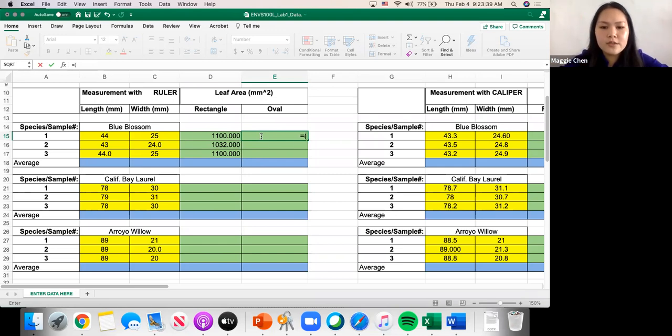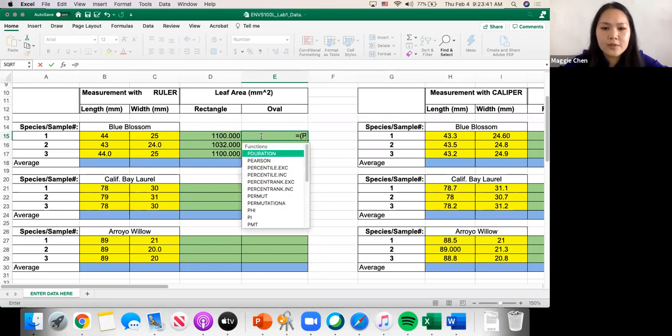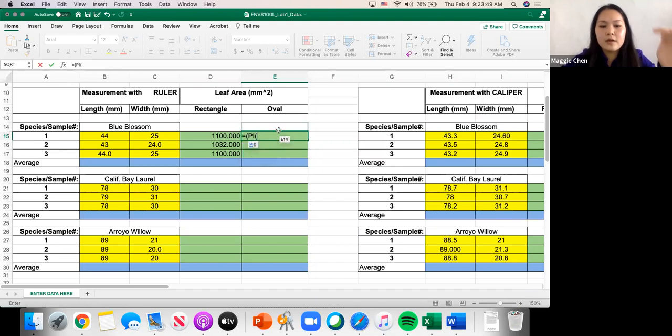So we start with our parentheses and capital PI. Our function would pop up in this drop-down menu, and we can select that. It would start our parentheses, but we're just going to end that parentheses, and then divide, or backslash, by 4.